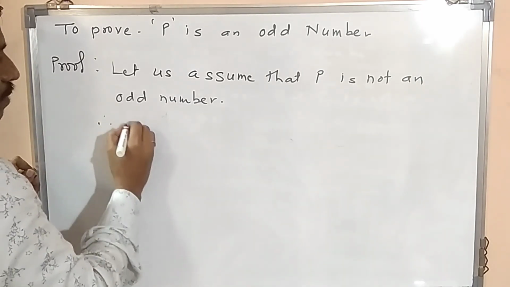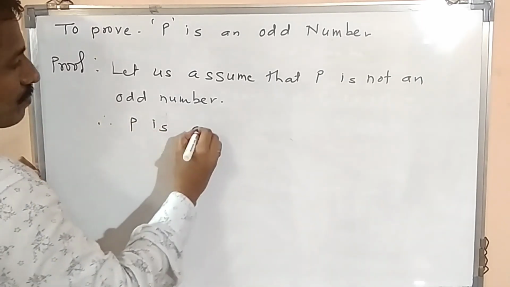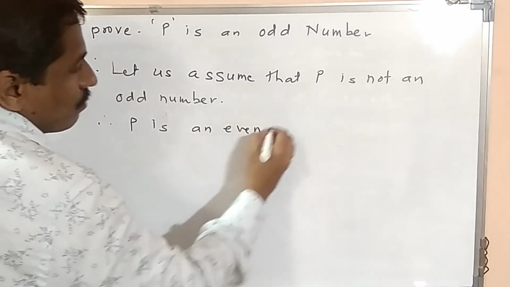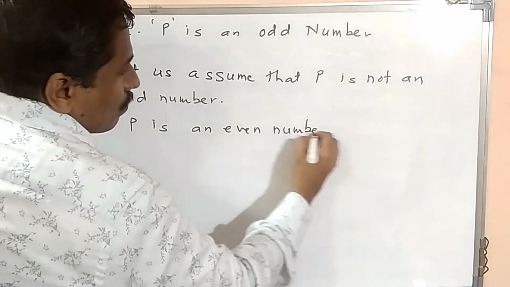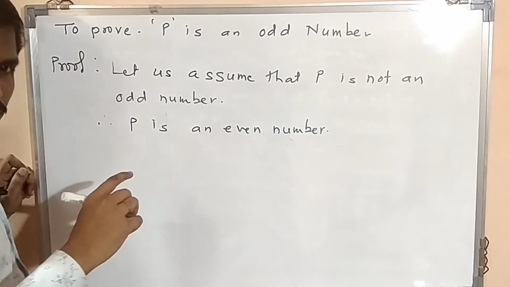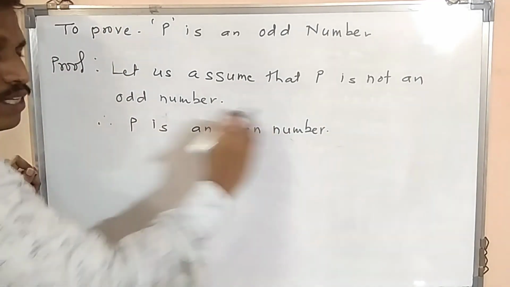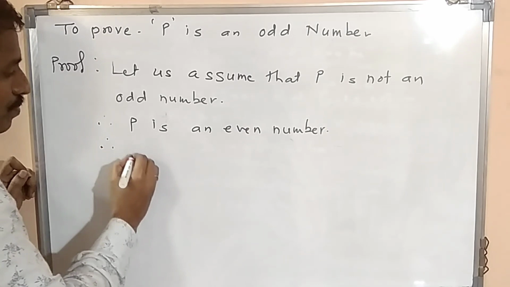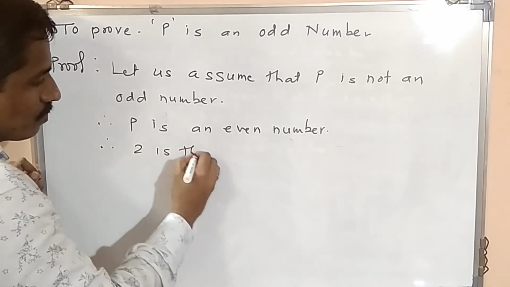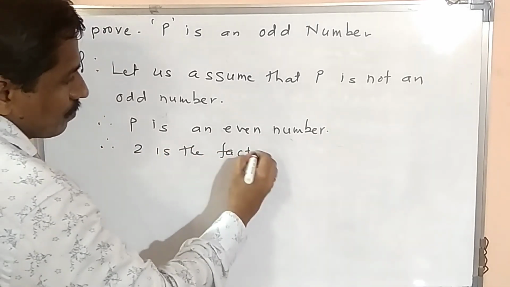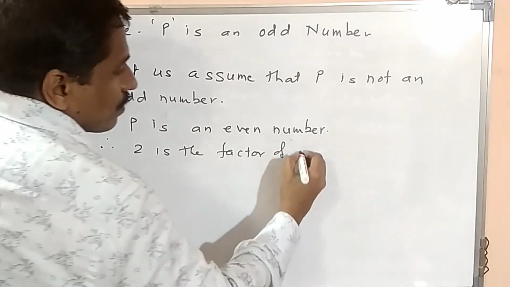Therefore, P is an even number. What do you mean by even number? Since P is an even number, therefore 2 is a factor of P.